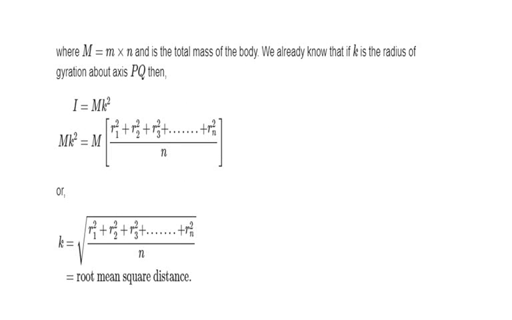And this term in the bracket is k square. So the value of k will be the root mean square distance, and mathematically it is equal to the square root of r1 square plus r2 square and so on up to rn square divided by n.